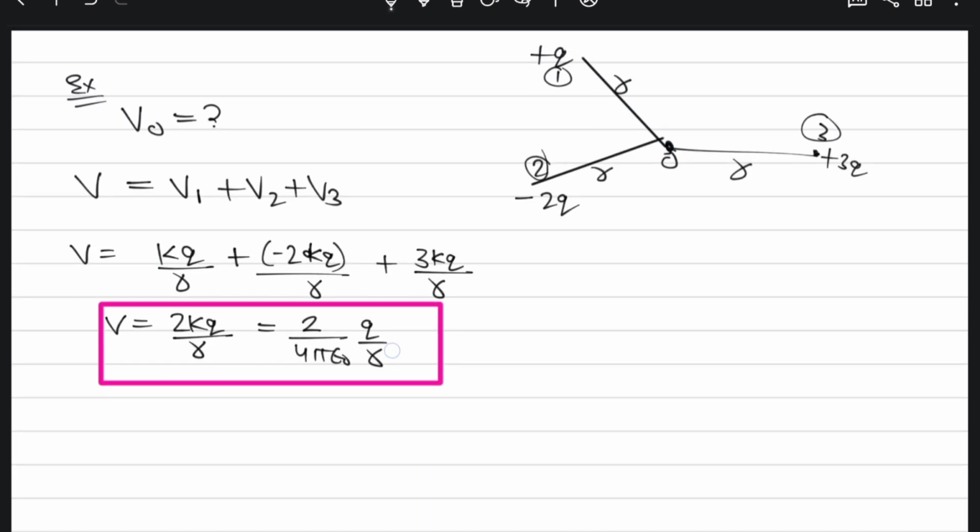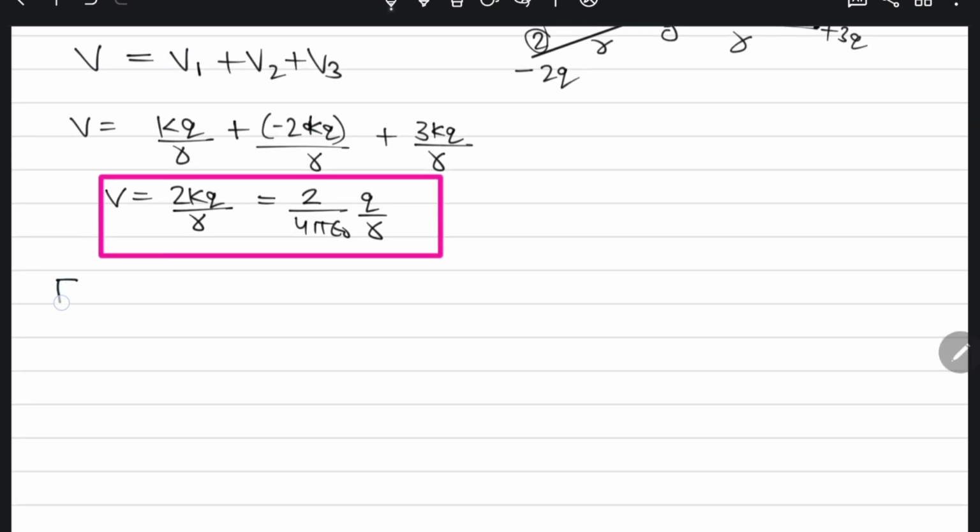Now we can find electric potential due to continuous charge distribution.